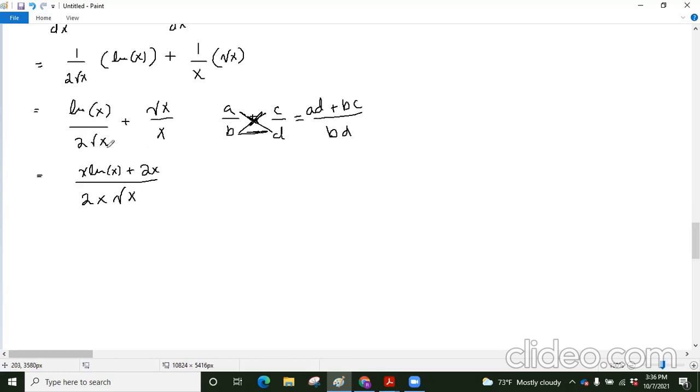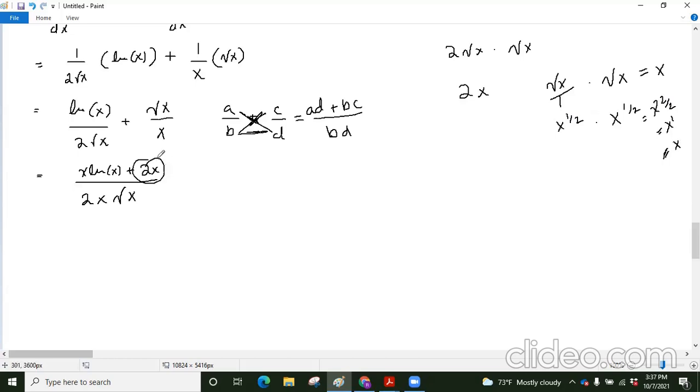Because when you do 2 square root of x times square root of x, you get 2x. Because if you do square root of x times square root of x, you just get x. Why is that? Because square root of x is x to the 1/2, square root of x is also x to the 1/2. So when you're multiplying exponents, you add the fractions. And then 1 over 2 plus 1 over 2 is 2 over 2, so x to the 1, which is just x.